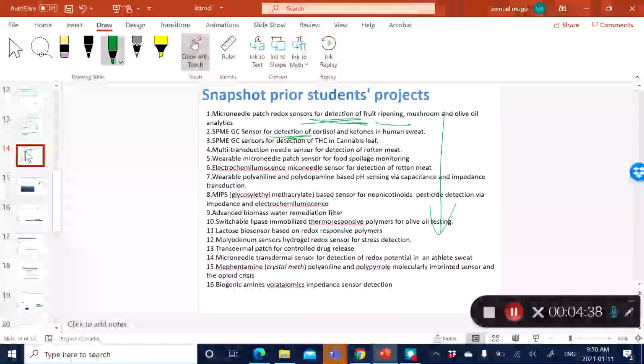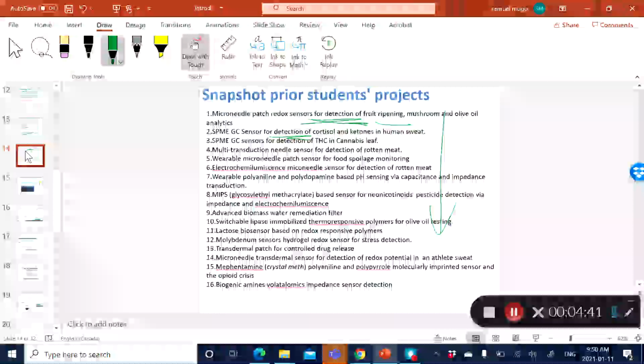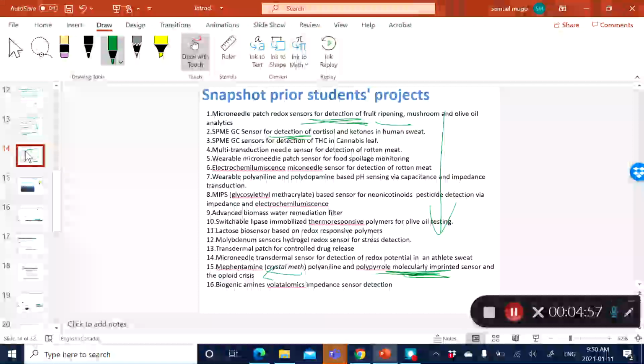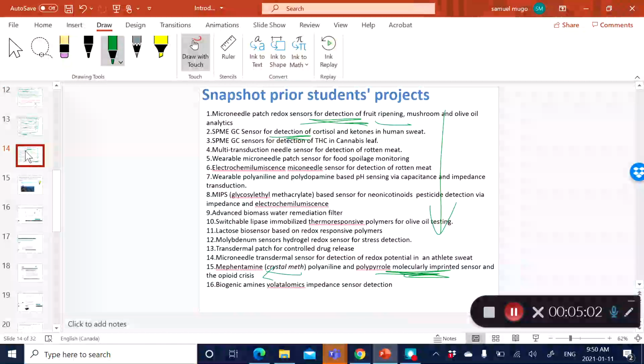I think a student last year did a project on methamphetamine or crystal meth detection, using a polymer that is very, very selective to capture the crystal meth, and then detect it. I think she used electrochemical detection in the end.